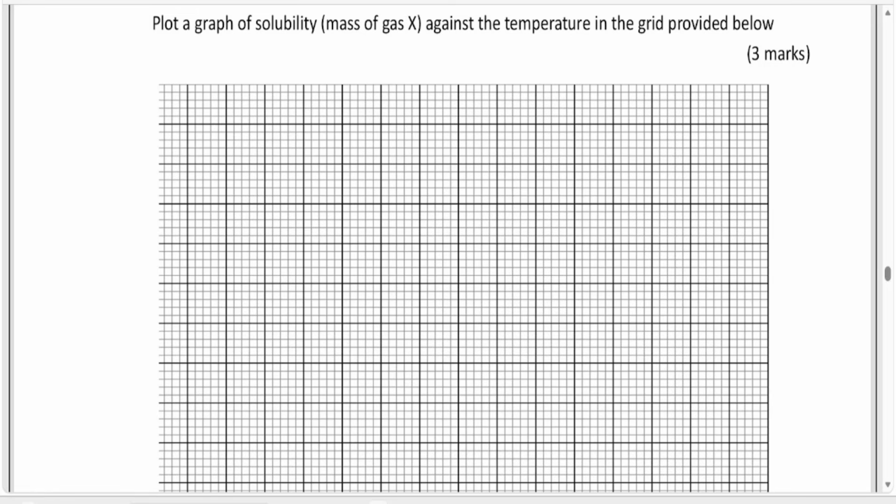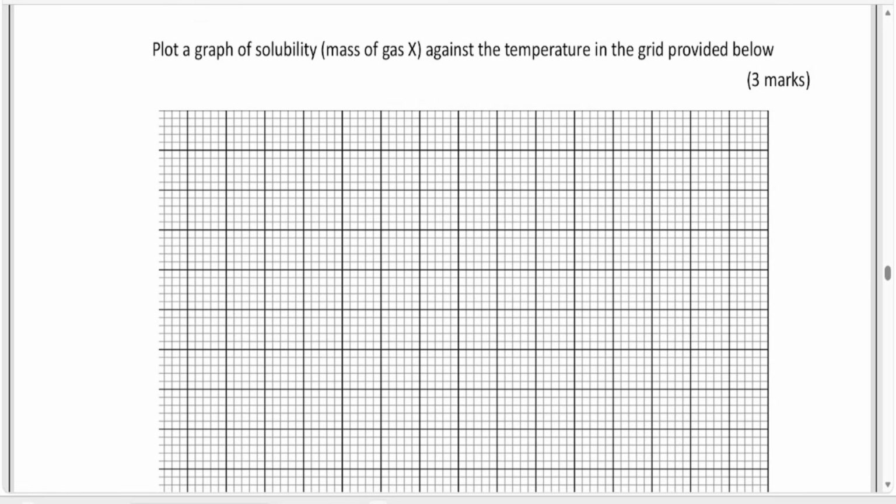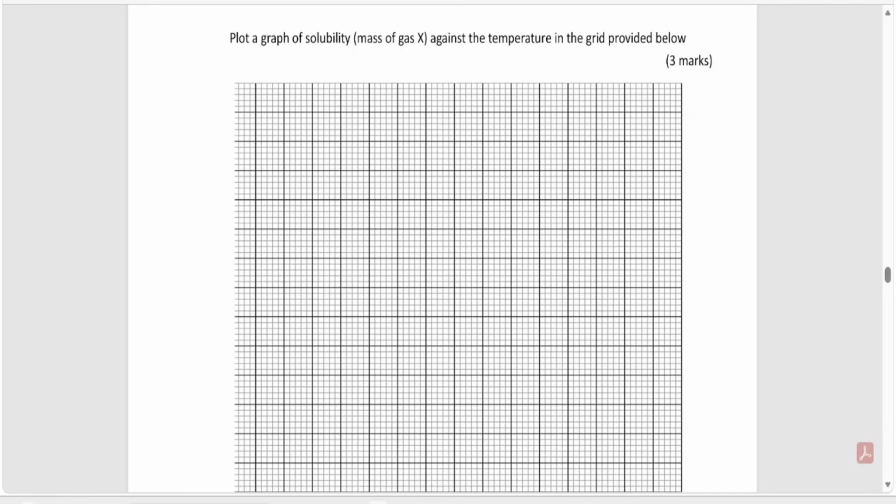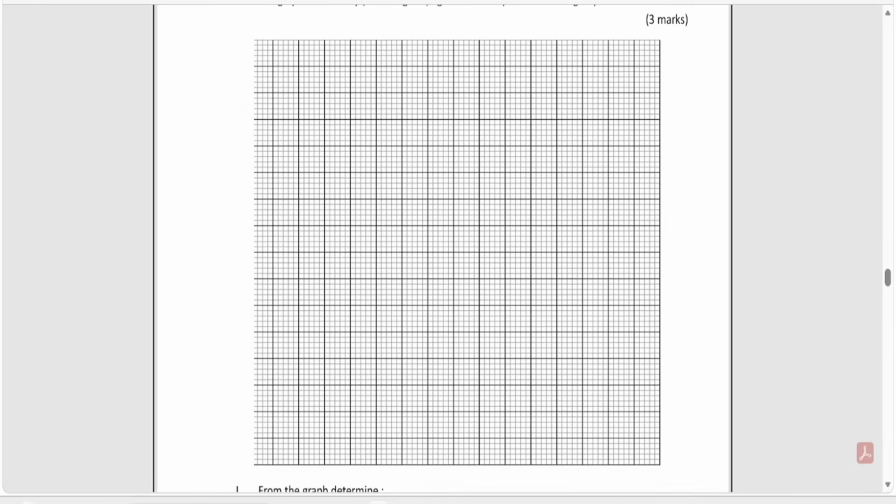Plotting a graph of solubility against temperature, the solubility is going to be on the y-axis. So you will allow me to have my graph.